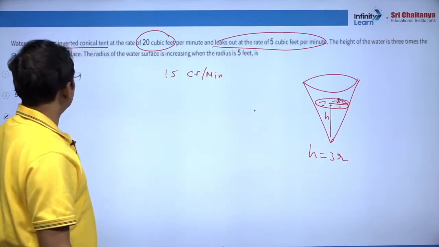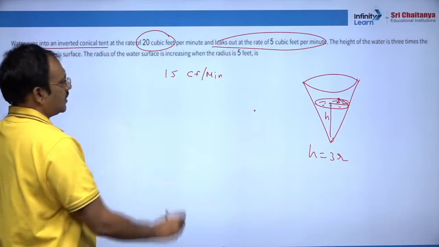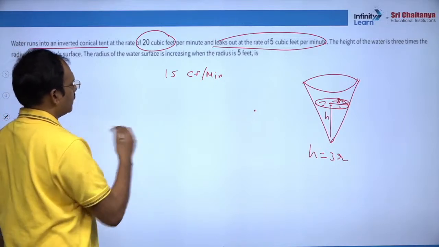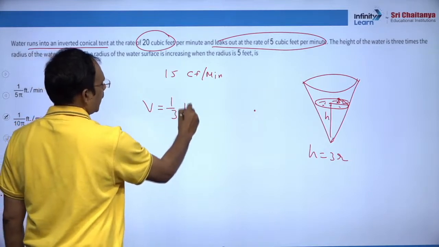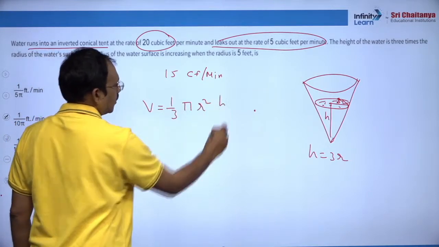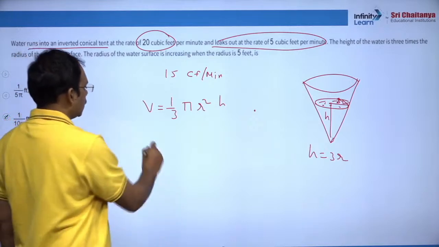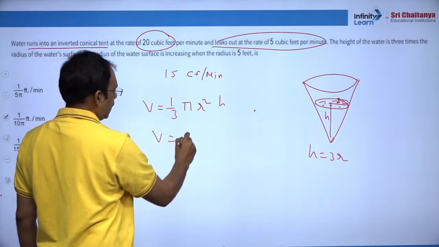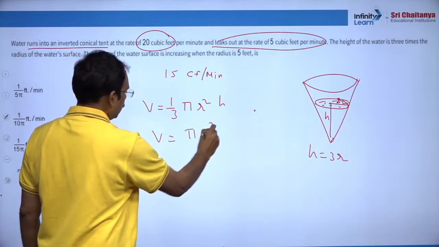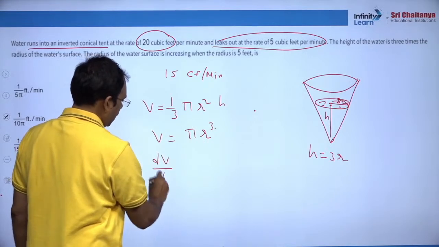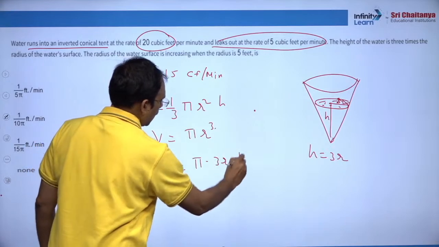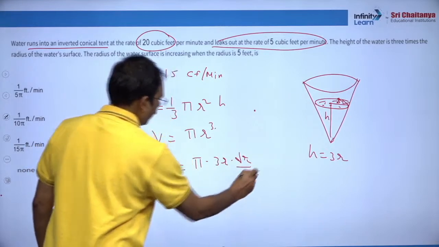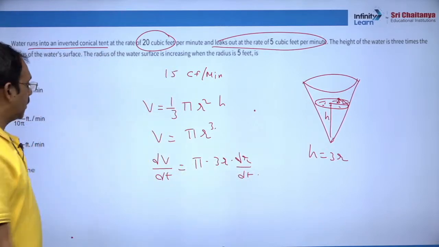Now, my dear friends, you can say the volume of this particular water cone V is equal to 1/3 pi r square h, whereas h is 3r. So if you write that, pi r cube, you just apply dV by dt is equal to pi into 3r square into dr by dt. He wants dr by dt.